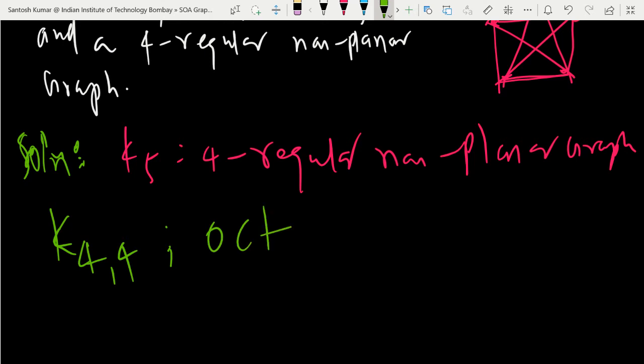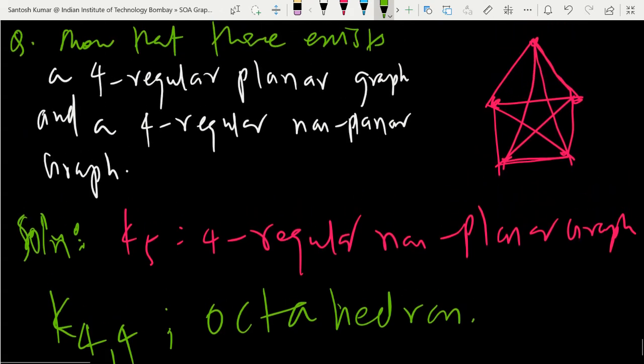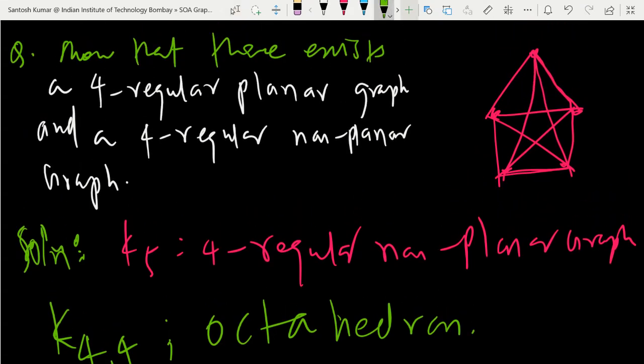Check both. So in K5 each vertex has degree 4. So in Kn each vertex has degree n minus 1.